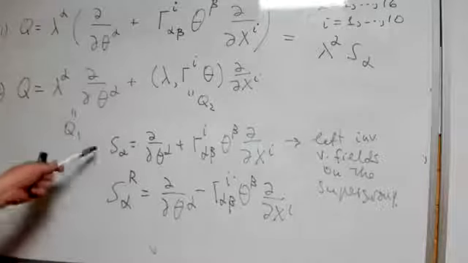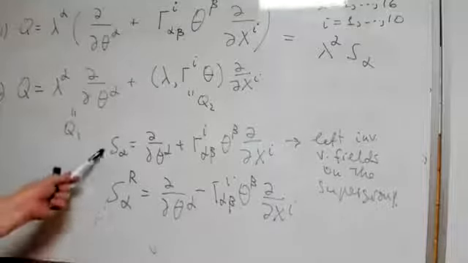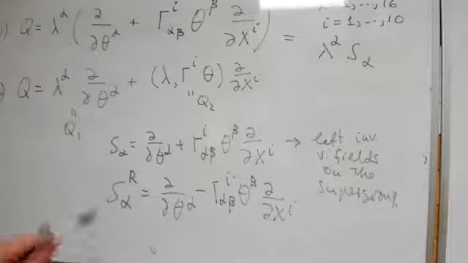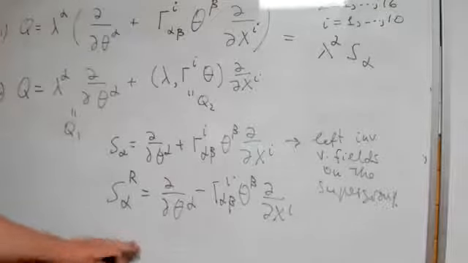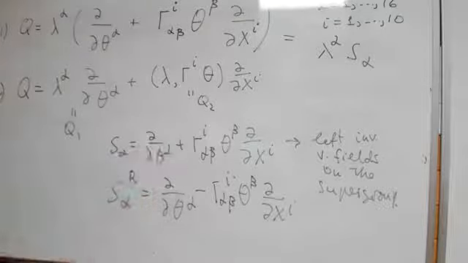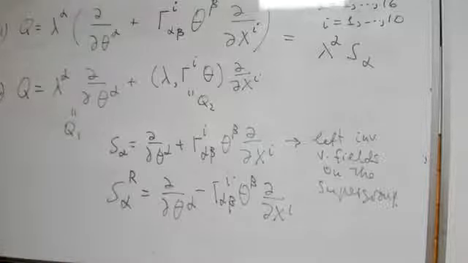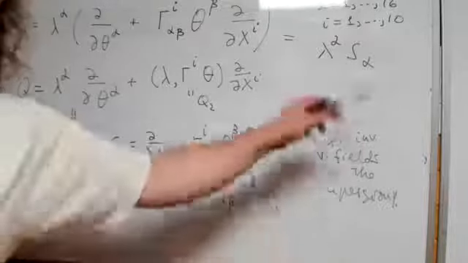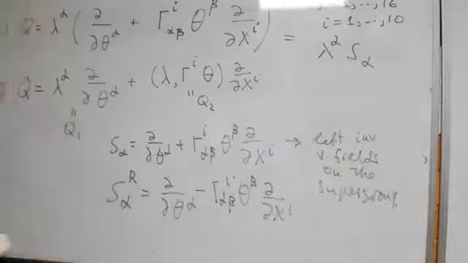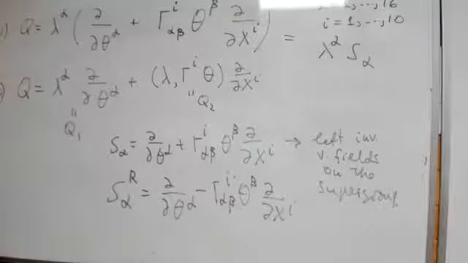Now, you may see that these two fields actually form representations of the superalgebra, each of them, and anti-commute because of this minus sign. But they have to do it from the canonical geometrical structure, because left invariant vector fields always commute with right invariant.